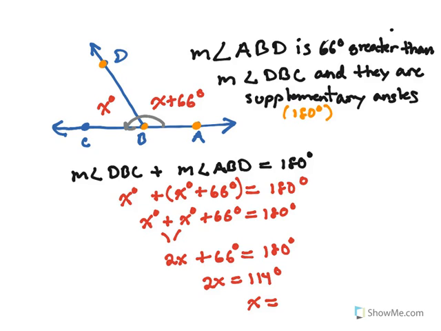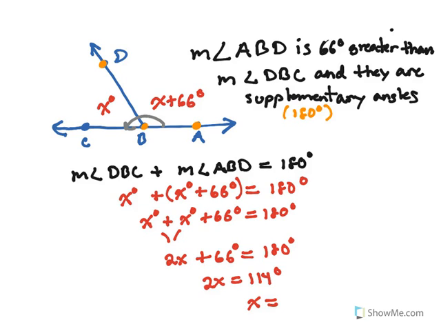So we have a diagram here, and the measure of ABD is 66 degrees more than angle DBC. Look how I labeled them.